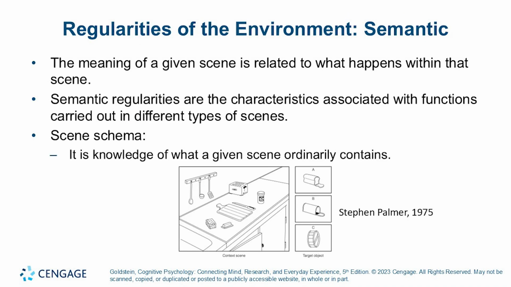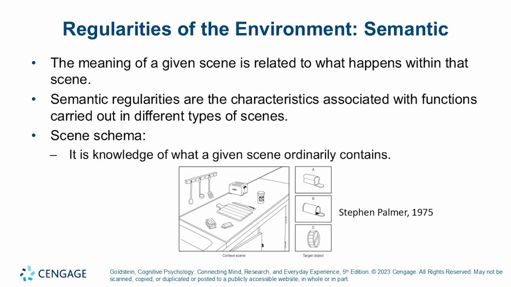And of course, our brains will factor in our knowledge about what kinds of things belong together in particular places, right? So we mentioned this in lecture 1, where our brains will use our knowledge of what belongs in particular locations, what are known as scene schemas, in order to try to process the objects that are in them more efficiently.